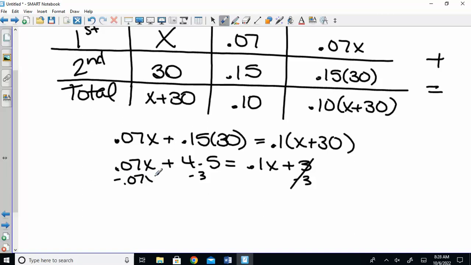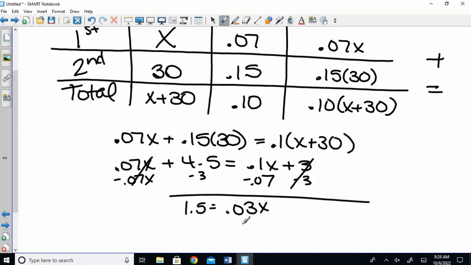If I subtract over my 3 and subtract my 0.07x, I get 1.5 equals 0.03x. Divide, and we get x to be 50. Okay, as long as I got the same thing, it's fine.